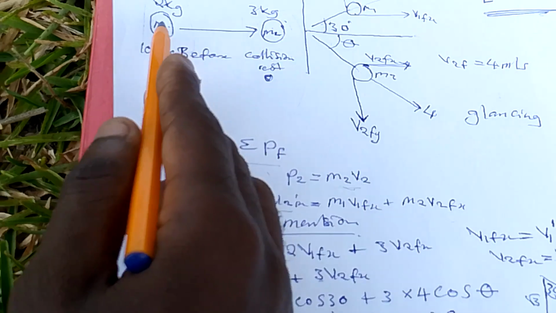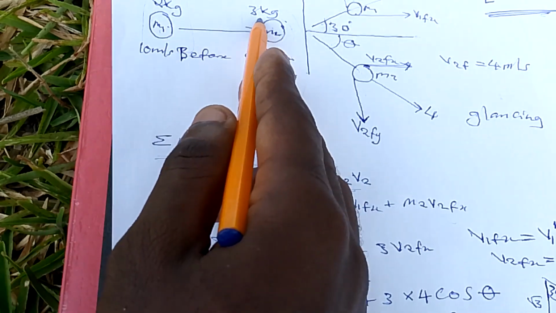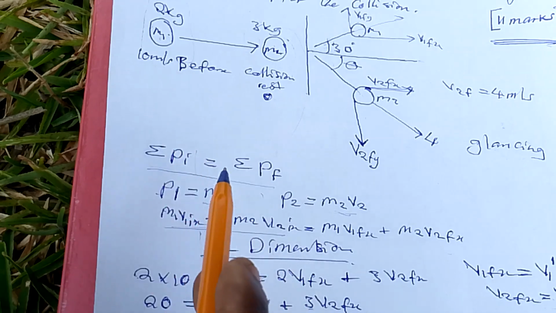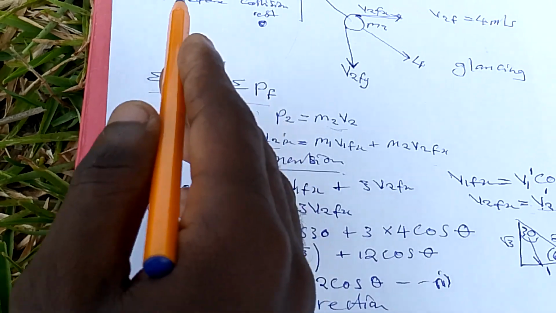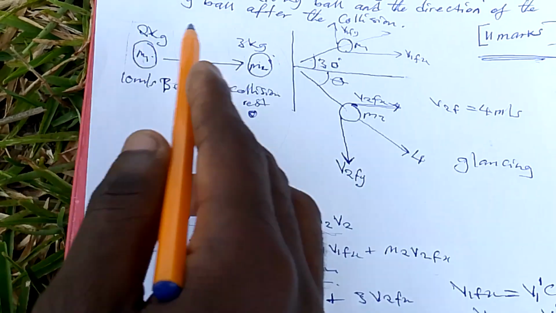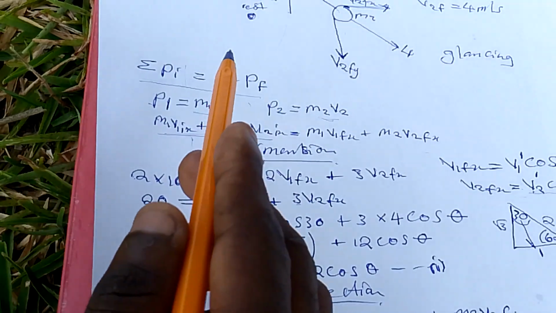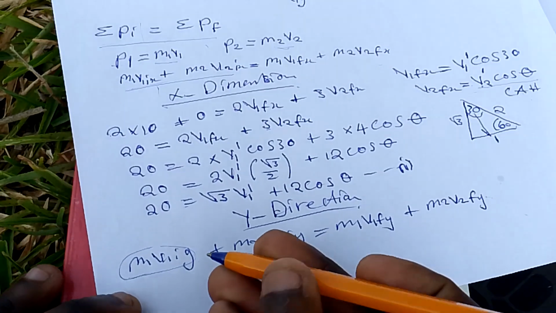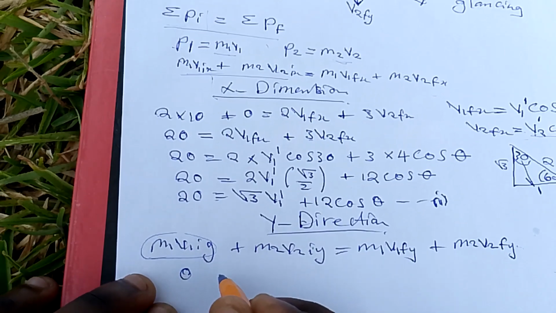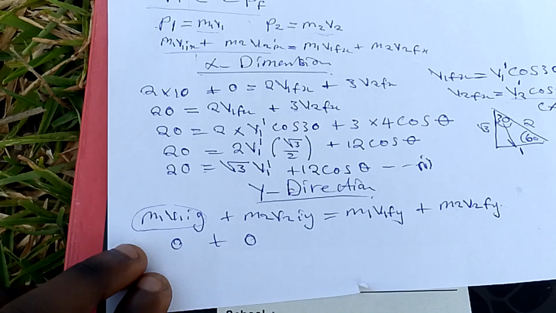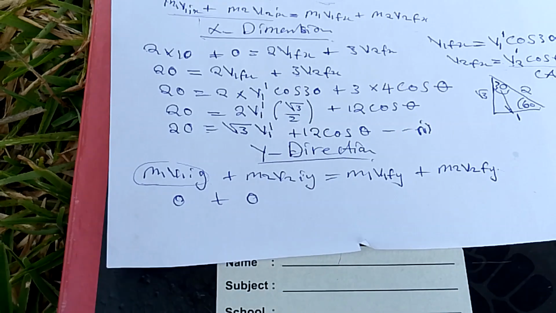So this means ball 1, 2 kg, and 3 kg, they only have x momentum. They just possess momentum in the x direction. So both balls were not moving up or down. So that means they have 0 momentum in the y direction. So 0 plus 0.